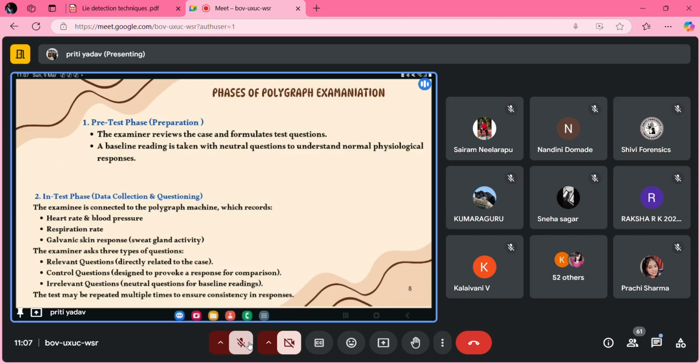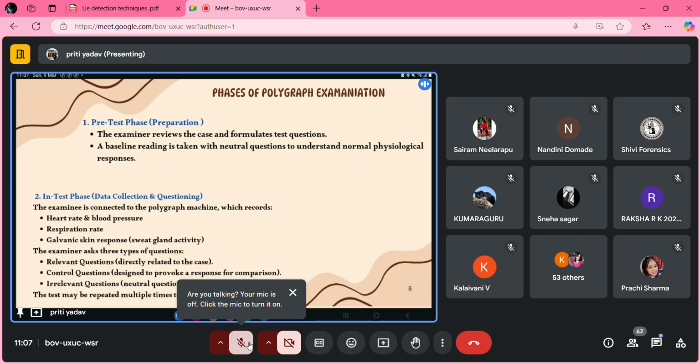The process has three phases. Pre-test: in this, setting the baseline means establishing the individual's physiological response under normal, non-deceptive conditions. The next phase is the in-test phase, in which the actual questioning takes place.